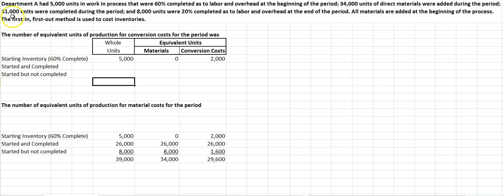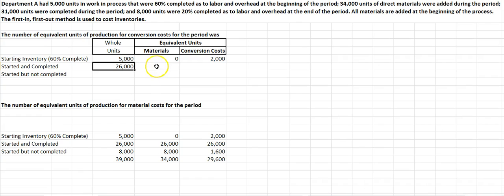But we know that of the 31,000 that were completed, 5,000 were not started in this period. So if I take 31,000 and subtract 5,000, that tells me the units that were started and completed. 26,000 were started and completed.